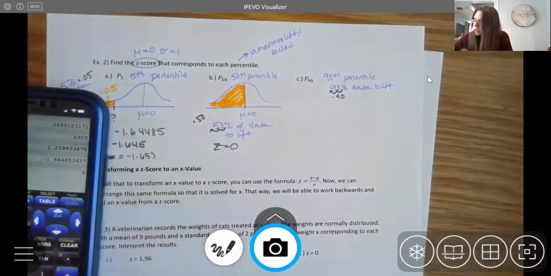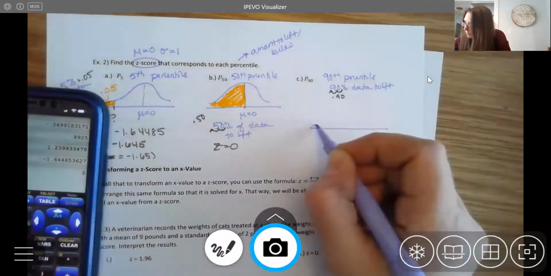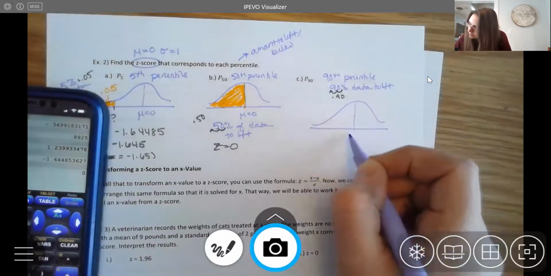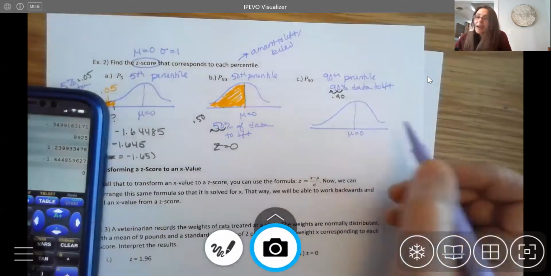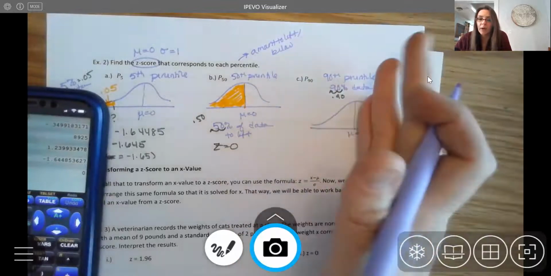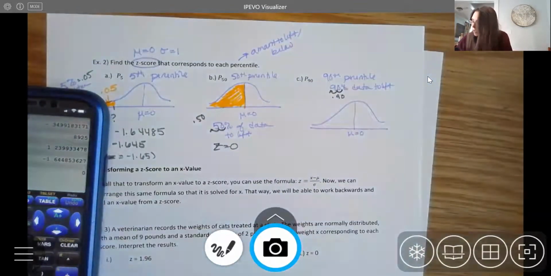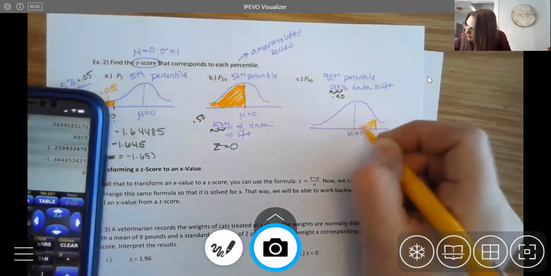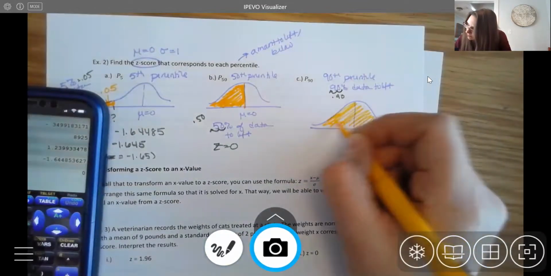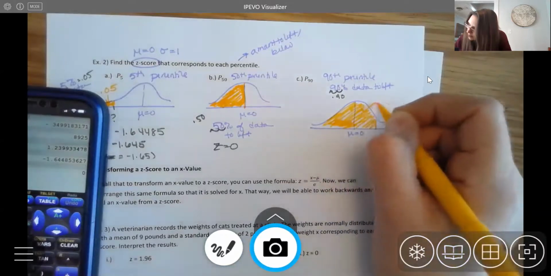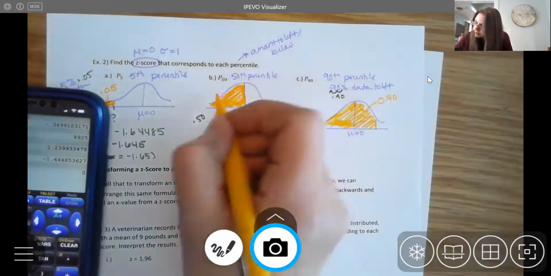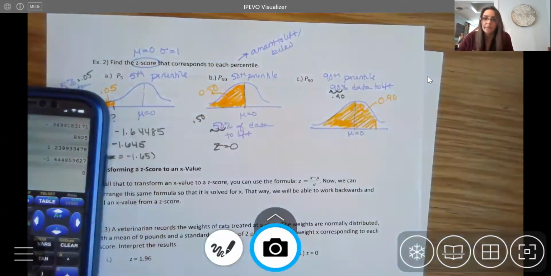And I'm going to draw my picture. Now, if you're at 90% of the data to the left, then you're way over here on the right side, right? Because here's 50%, so you must be over here. So I'm looking at maybe something like this all shaded in. So this is 0.90.